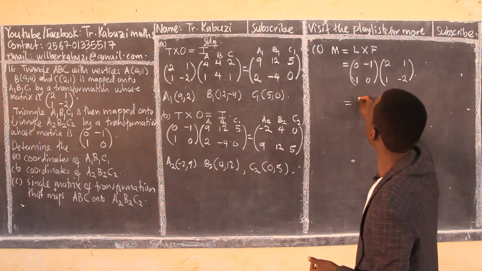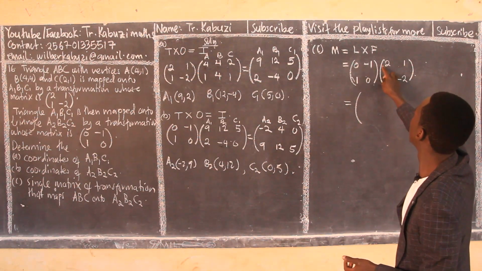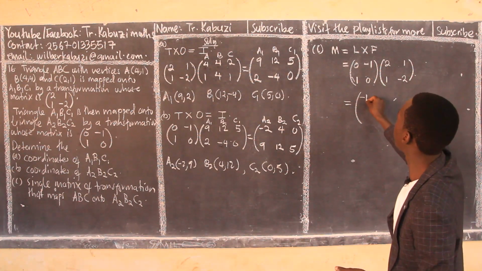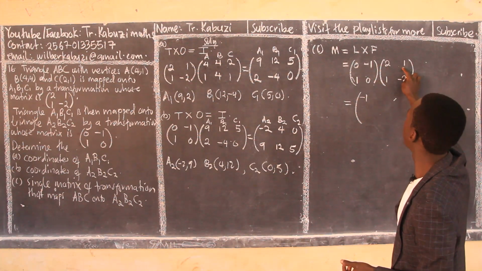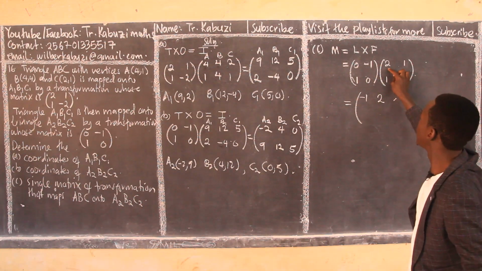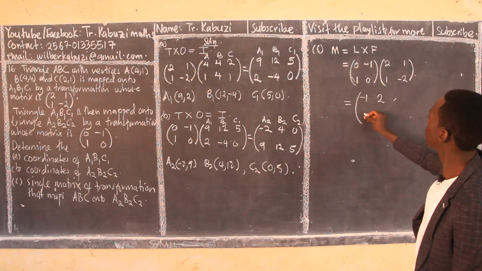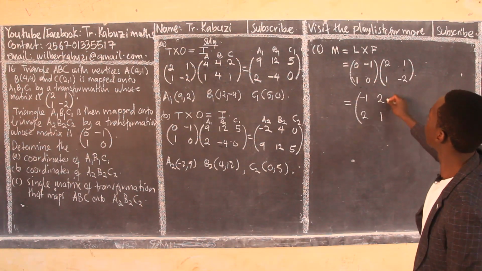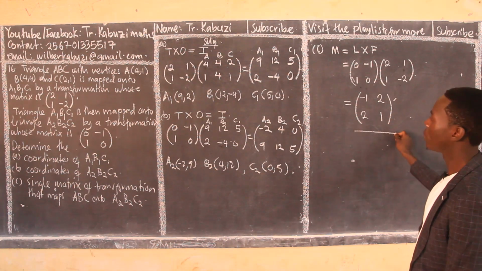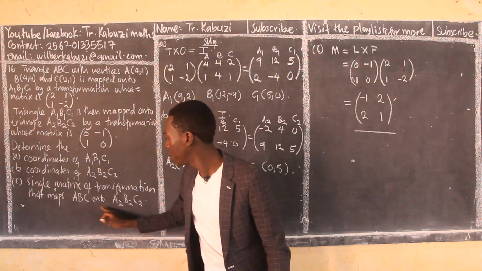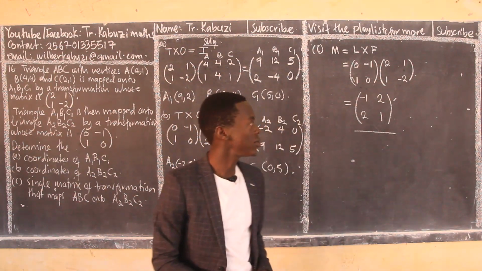When we simplify that multiplication, this times this plus this times this gives 0, negative 1, and this times this plus this times this gives 2, 1. And that is your matrix that is going to transform ABC onto A2, B2, C2.